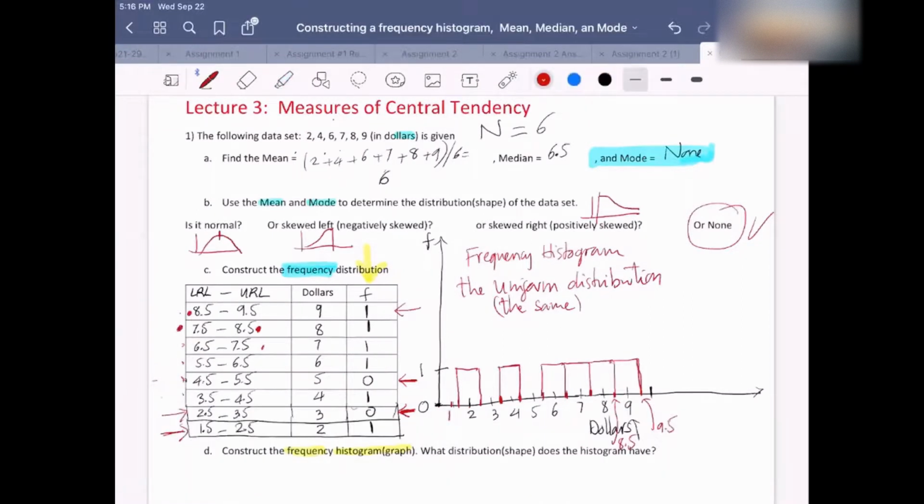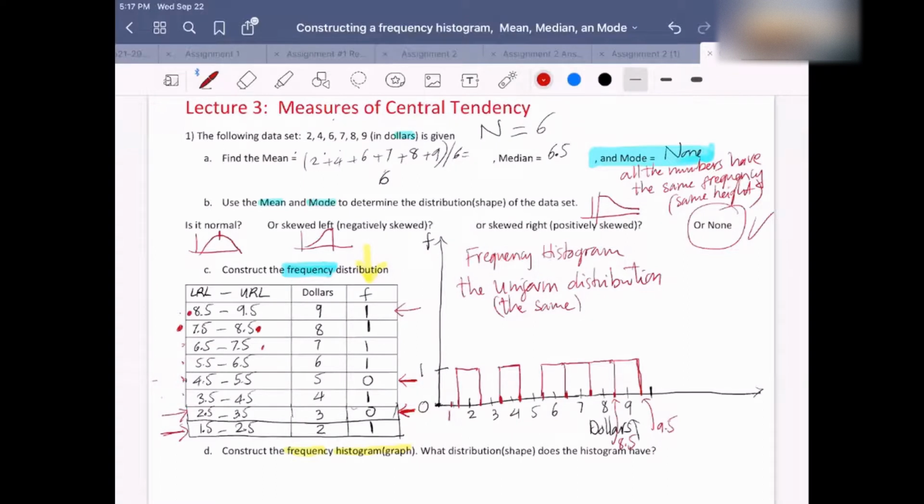Right, good, Uriel, because when you see the word no mode, that means that all the numbers have the same frequency, or the same height when you construct the bars for those numbers. Right, good, Evelyn.